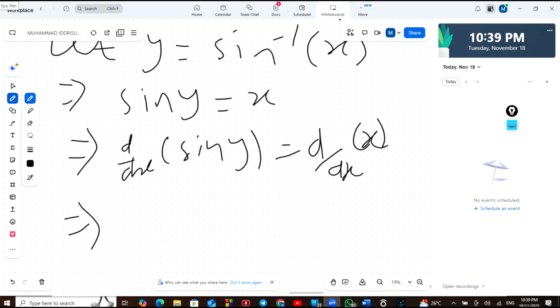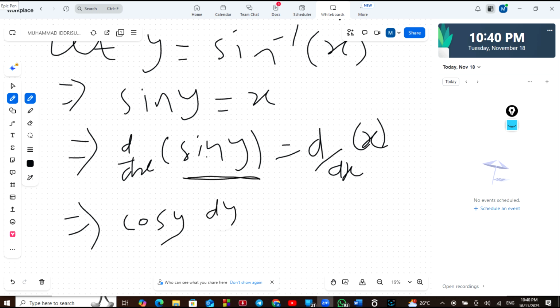So this means that the derivative of sine y will be what? We know that the derivative of sine x is cos x. So the derivative of sine y will be cos y, but it is an implicit function, so we add dy/dx, equal to the derivative of x, which is 1.